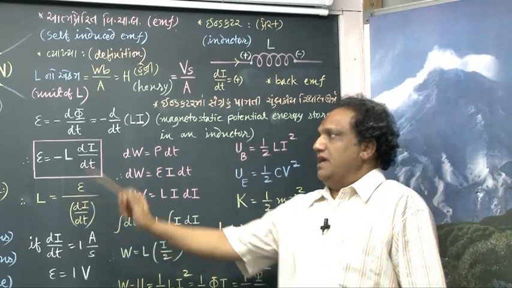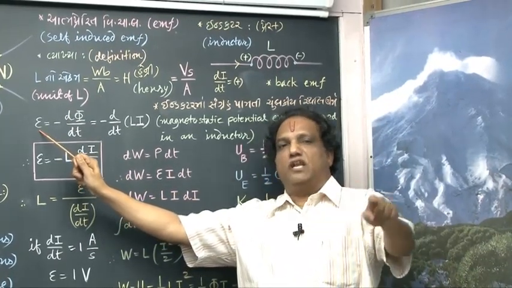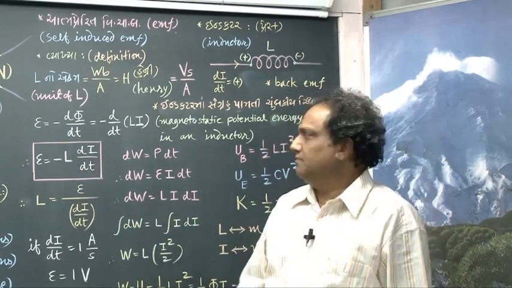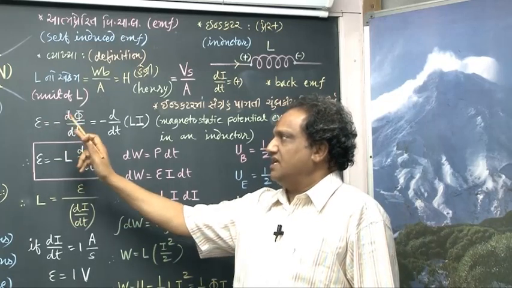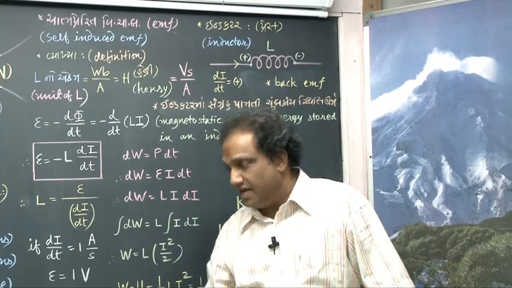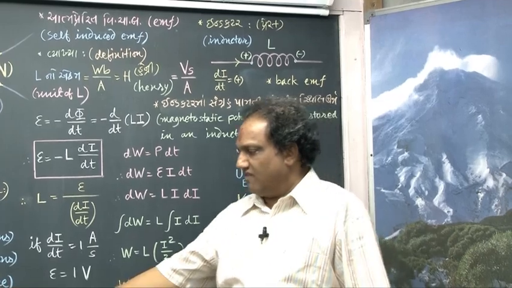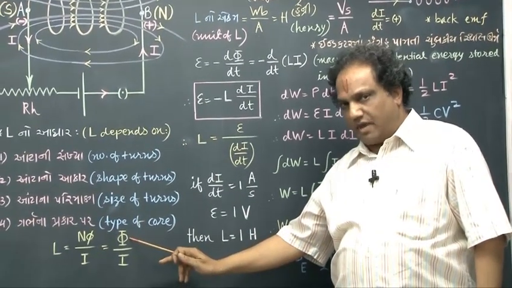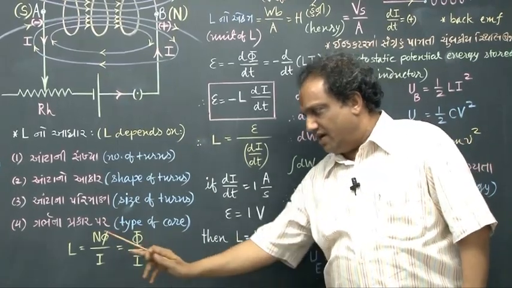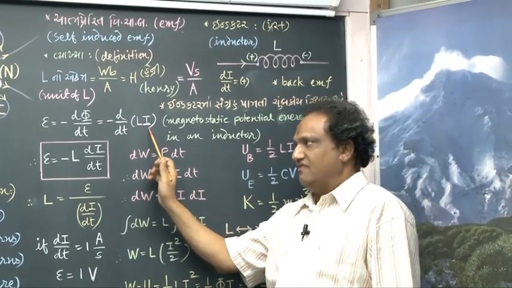Okay. In case of self-induction also, Faraday's law of electromagnetic induction holds good. So let us use that law. E equals minus d phi by dt. That is minus d by dt of phi. Find out capital Phi from here. Capital Phi equals L into I. Fine.